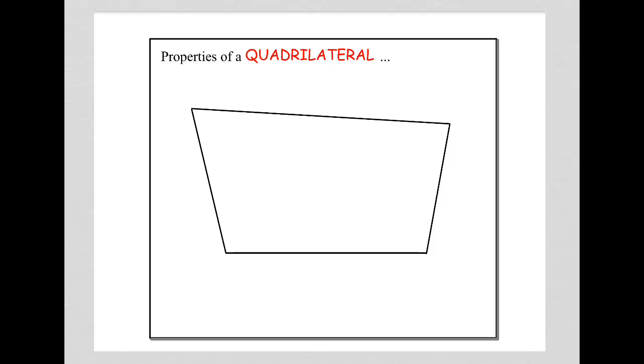So today is all about quadrilaterals and properties of those quadrilaterals. We're going to go through each type and list all their properties together. So let's start with our big, broad, overarching term of quadrilateral. All that means is we need four sides. It's a four-sided polygon.